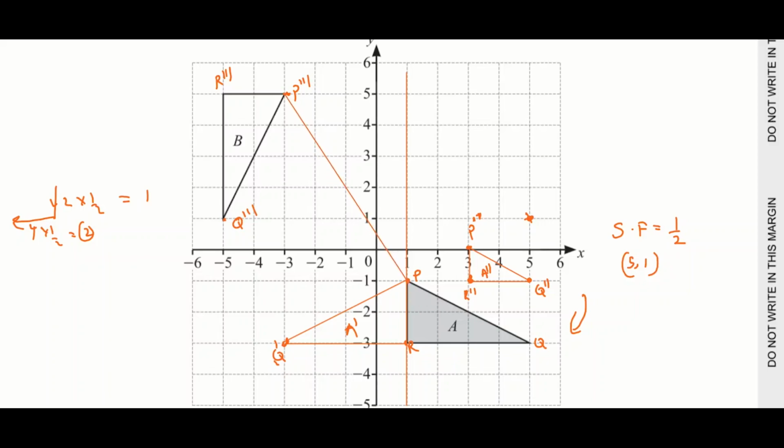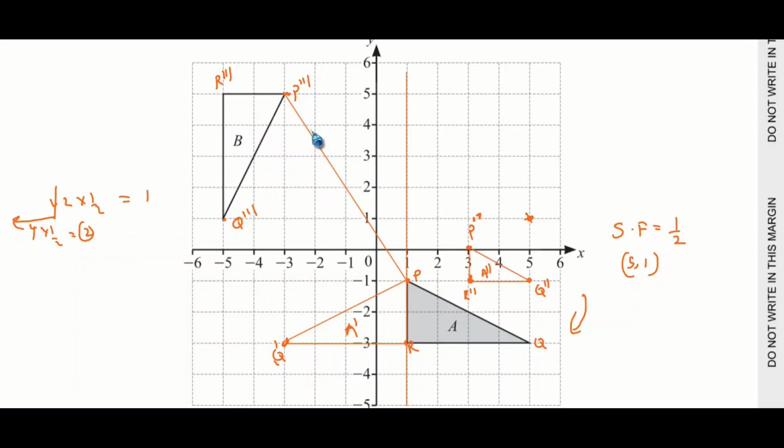So I have to bisect this. Then I'll take another pair, which could be maybe R and R prime prime prime. So we bisect them again. To see where the two perpendicular bisectors meet is the center of rotation.